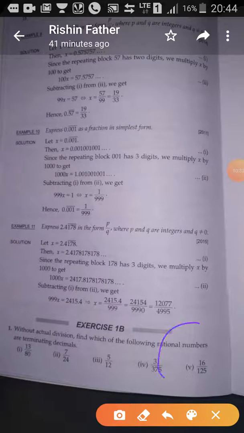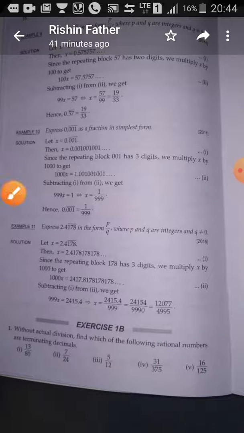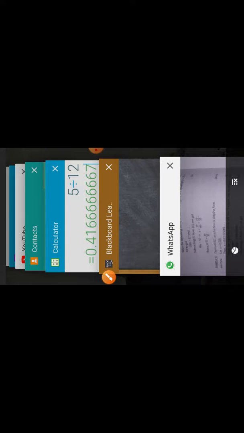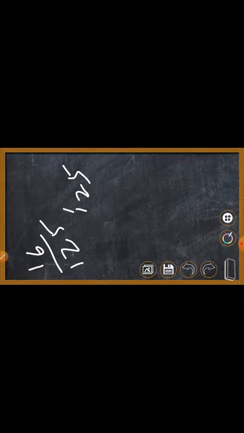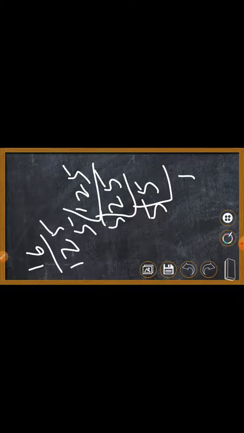Next we are looking at number 5, 16 by 125. Let's first write down the fraction 16 by 125, and then prime factorize 125. 5 2s are 10, 25. 5 5s are 25, 5 1s are 5, that's it.